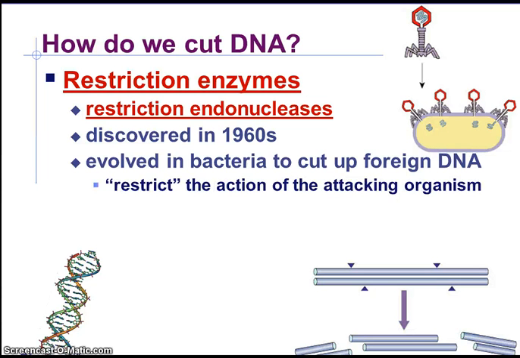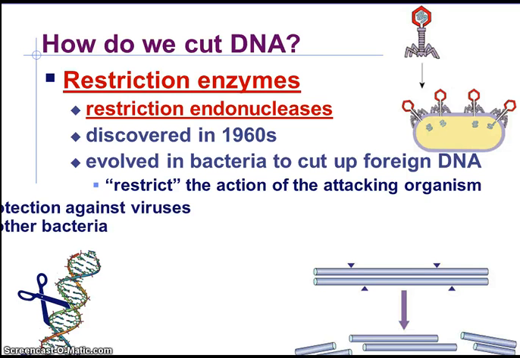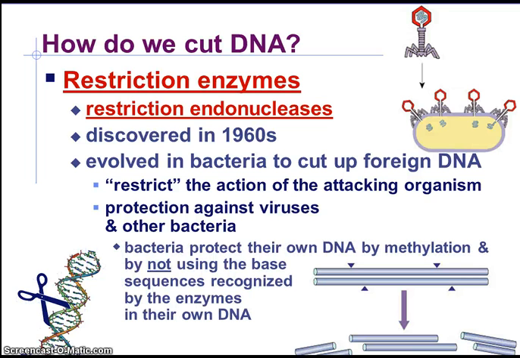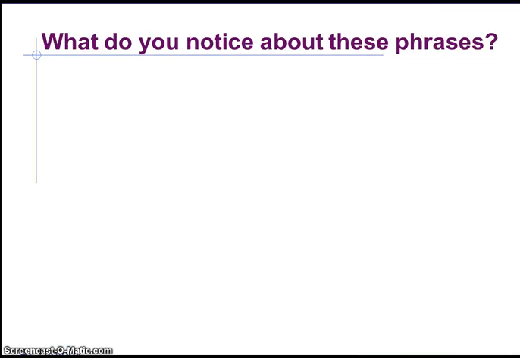And so they can restrict the action of the attacking organism, protecting against viruses and other bacteria. And so bacteria protect their own DNA by methylation, adding a methyl group, and not using the base sequences recognized by the enzymes in their own DNA.